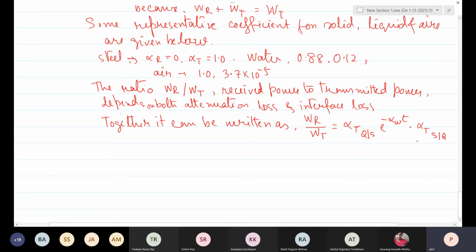Similarly, during emergence, steel to quartz, there will also be certain energy loss. In between, there will be an exponential factor of continuous loss through the thickness, exponential of minus alpha W into T. So that way, the medium can be characterized by measuring the three losses together.